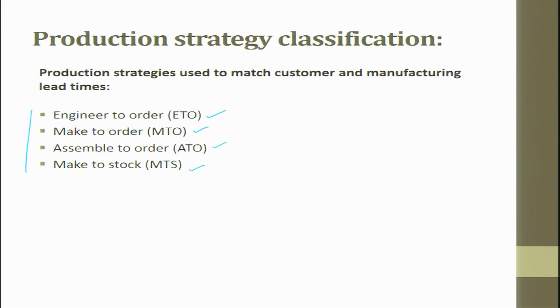When you talk about engineer to order, you have all the knowledge with you, and the moment there is a customer requirement, you take the customer requirement and tweak the knowledge a little bit to meet it.